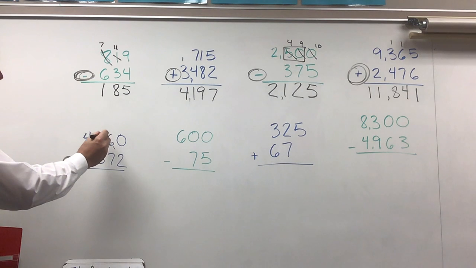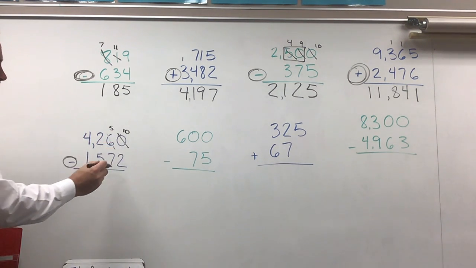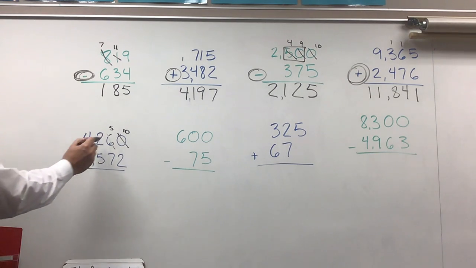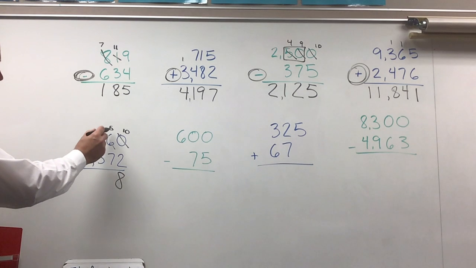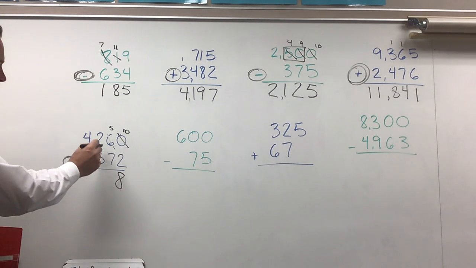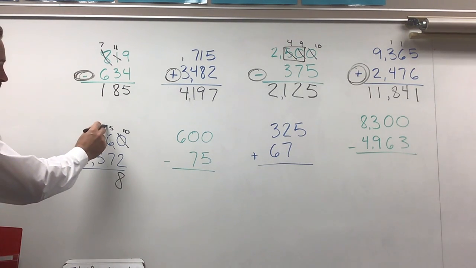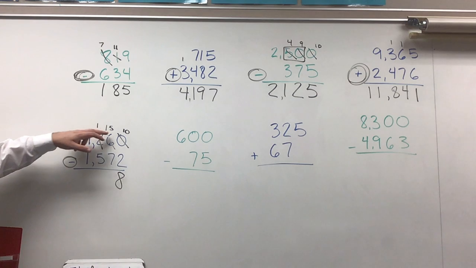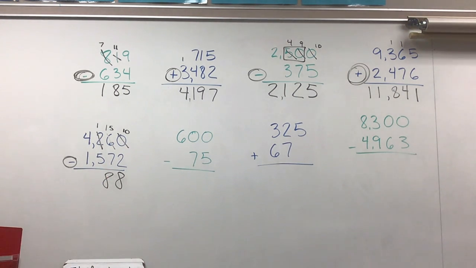The 6 will become a 5, and this 0 becomes a 10, okay? 10 minus 2 is now 8. 5 minus 7, oh, I can't do that. I have to go over to this 2, the hundreds. Hundreds becomes a 1. I'm bringing 10 over, so now I have 15. 15 take away 7 is also 8.